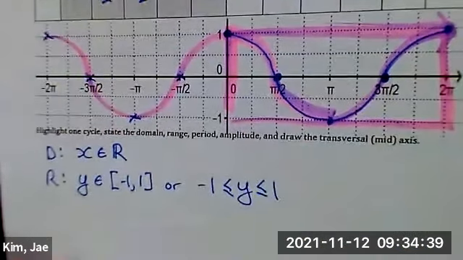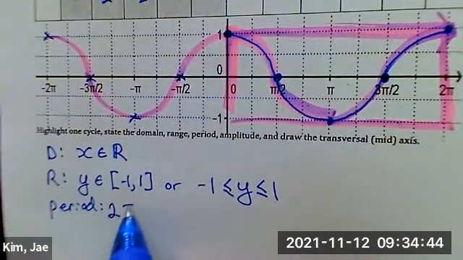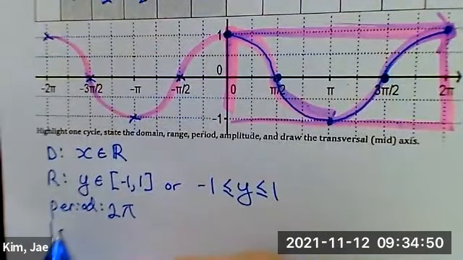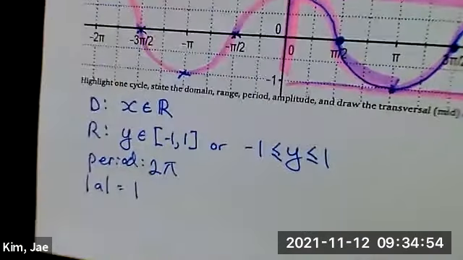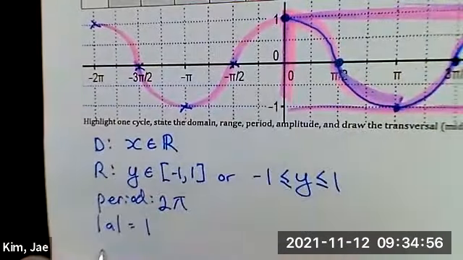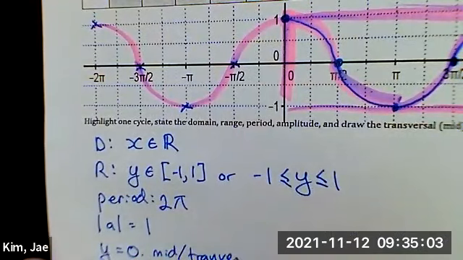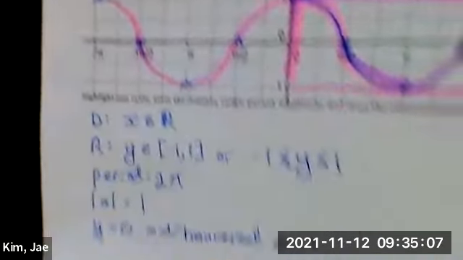The period, same thing, it's going to be 2 pi. Just because it's cosine doesn't mean it's not a full circle. Amplitude, same thing, it's a unit circle, so the value is still 1. And draw the transversal, y equals 0 is still the mid or transversal axis.